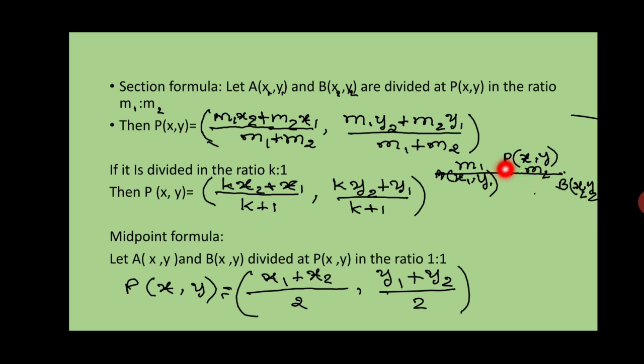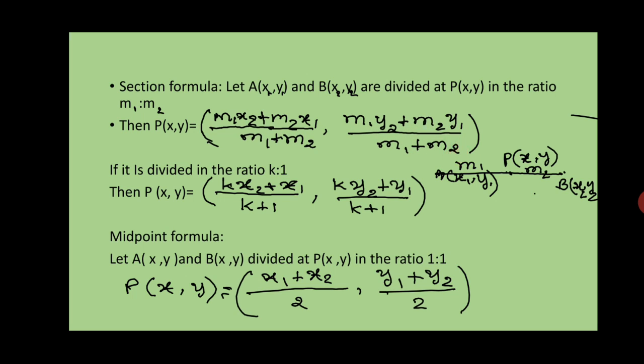of point P is given by this formula, m1 into x2 plus m2 into x1 divided by m1 plus m2 and m1 into y2 plus m2 into y1 divided by m1 plus m2, right?